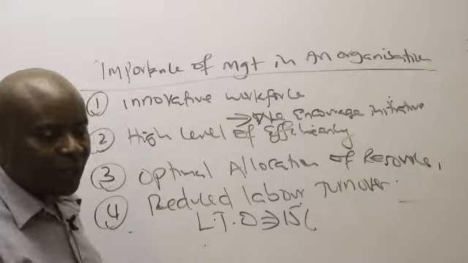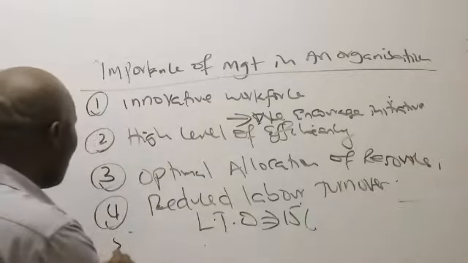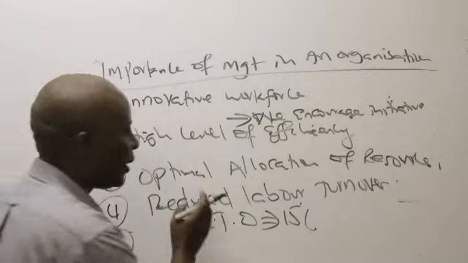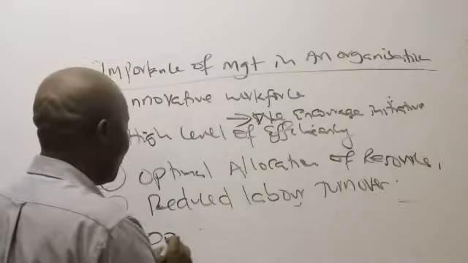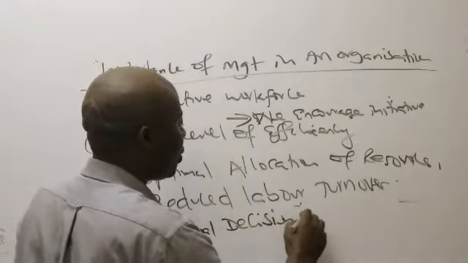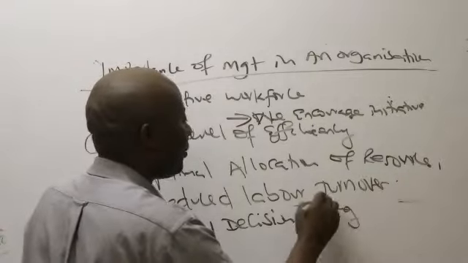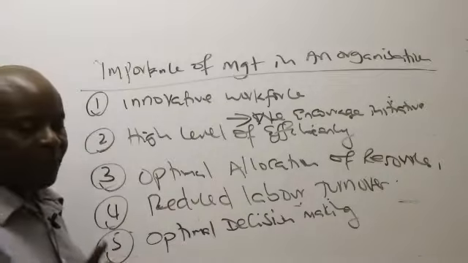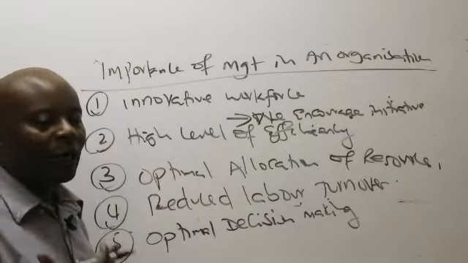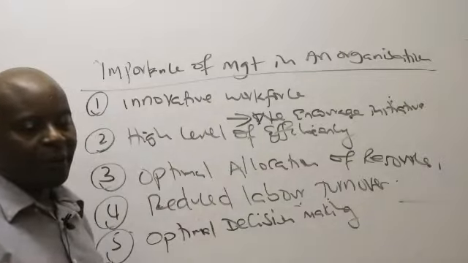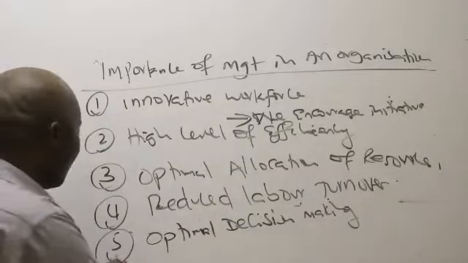Number 5, ladies and gentlemen, we have the concept of what here? Yes, optimal decision making. So we shall be able to choose proper, better alternatives quite easily and quickly, right? Improved reputation.